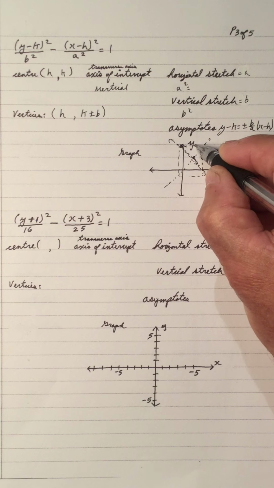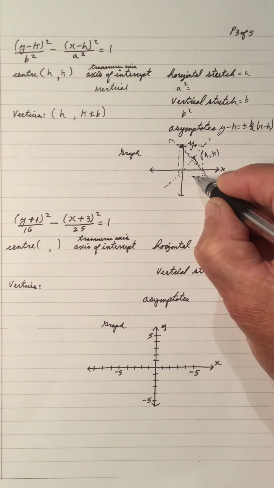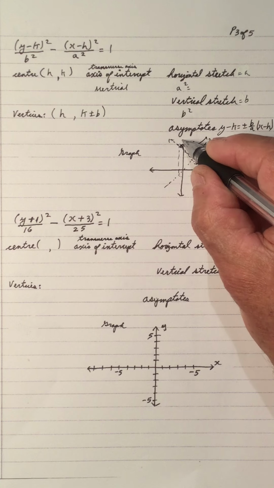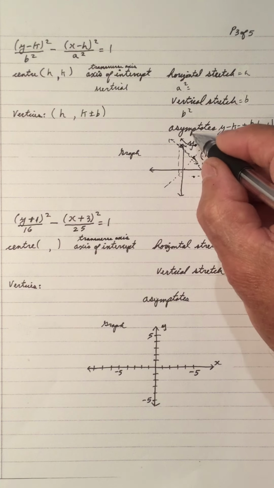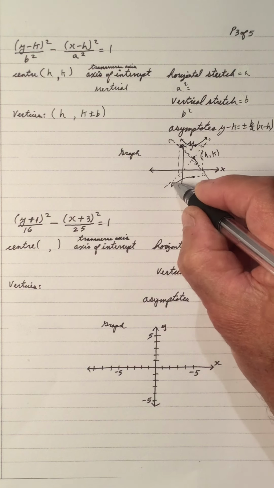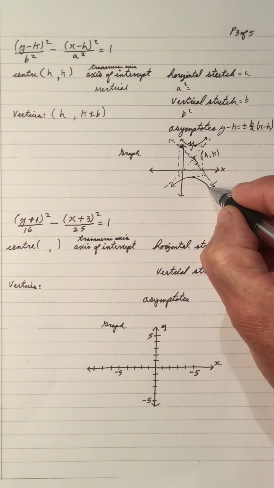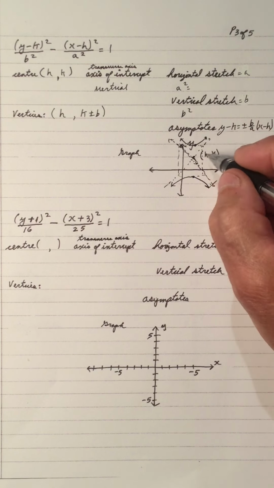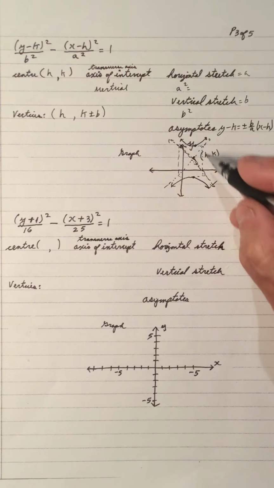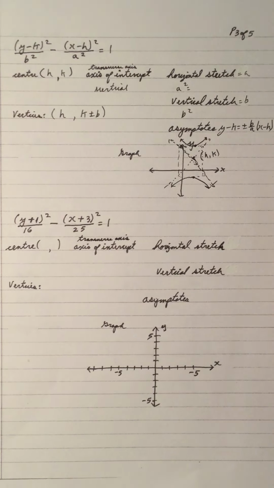There's one vertex, there's the other vertex, and it's moving this way because the axis of the hyperbola is vertical. Notice if x was here and the y was here, then the vertices would be here and here.